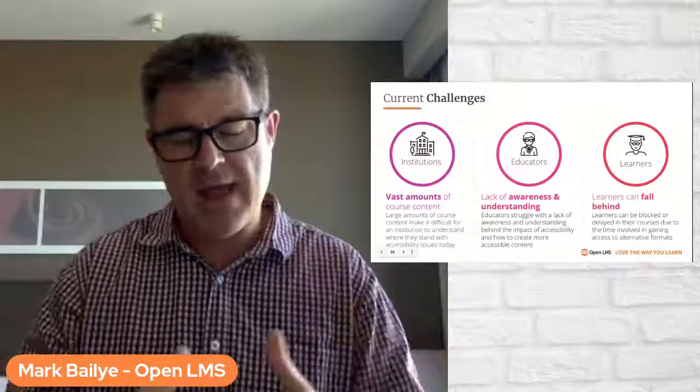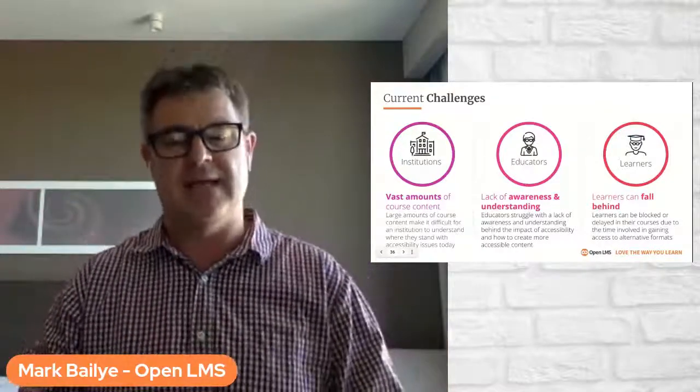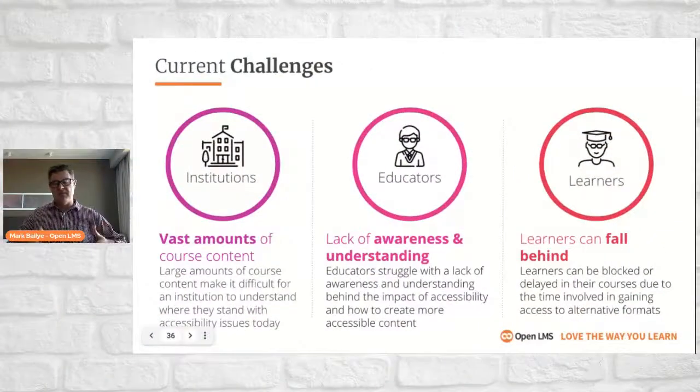And so how within institutions do we provide that awareness and understanding? How do we almost provide that in-moment support to our educators that, hey, if you're thinking about adding this content and it's not accessible, how about trying these ideas? And again, institutions are grappling with how can they do that effectively?